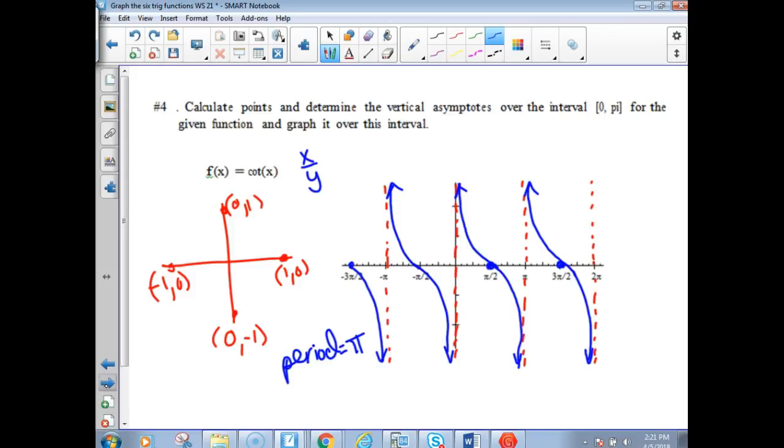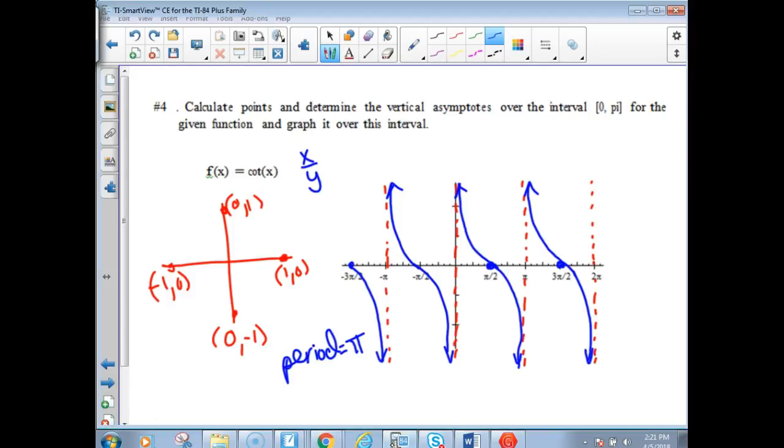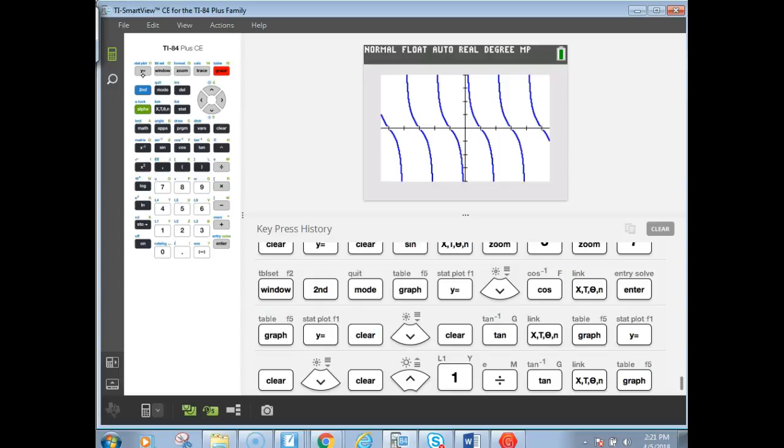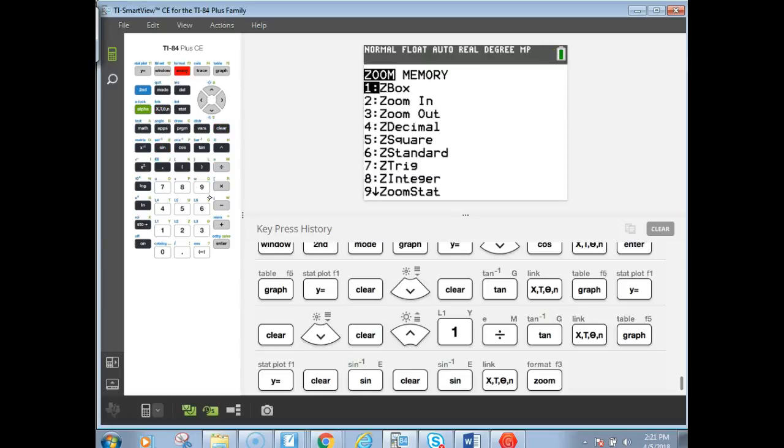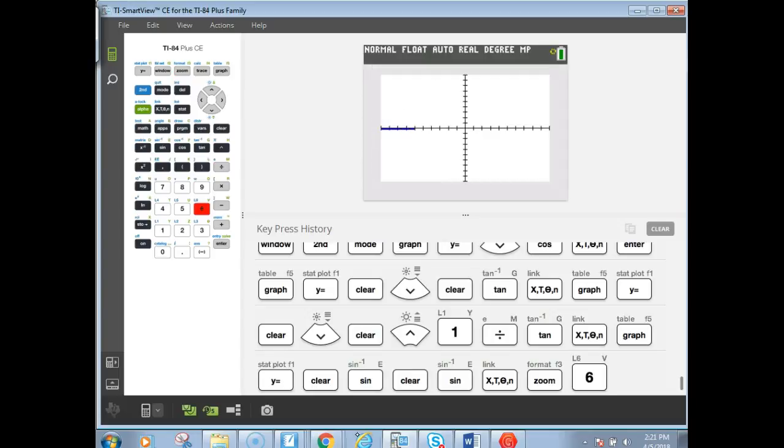All right, those are the 6 trigonometric functions, and I'm going to show you them in the grapher. Okay, so sine x. Now I'm going to zoom 6. And I'm not going to see what I graphed.